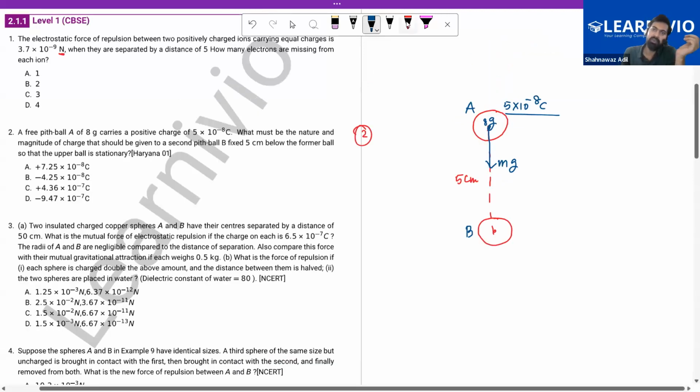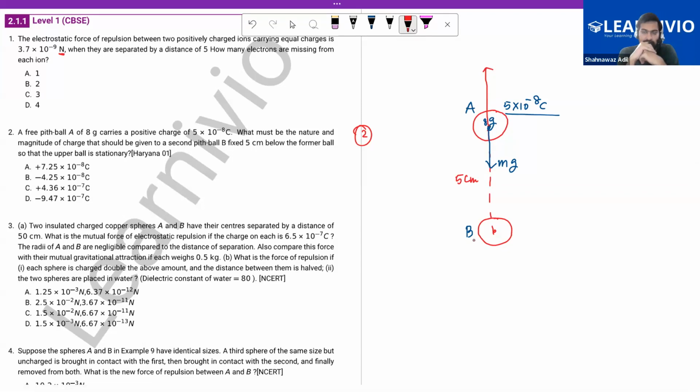Upwards, right? So I require a force which is upwards. And what is the only force that I can create from this pith ball? If it will attract, then it will support this thing to go down, right? So the force should be repulsive.